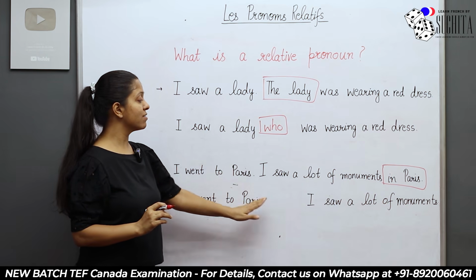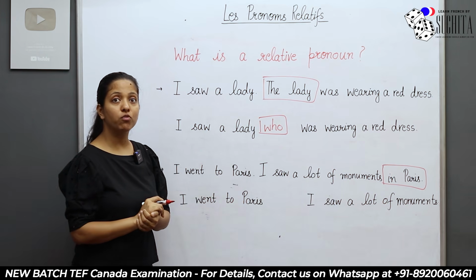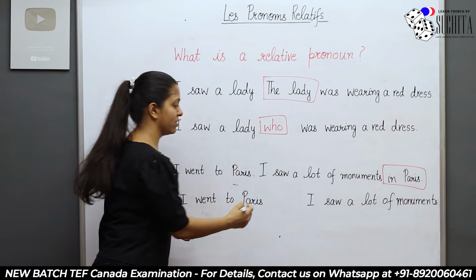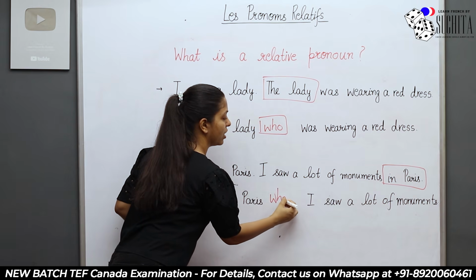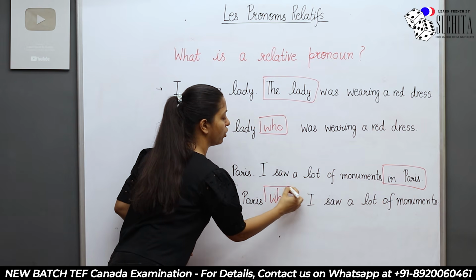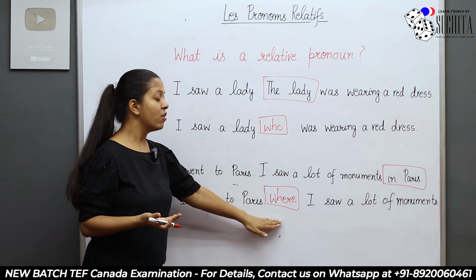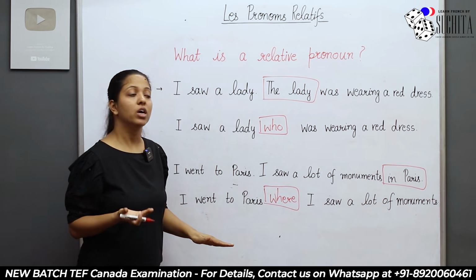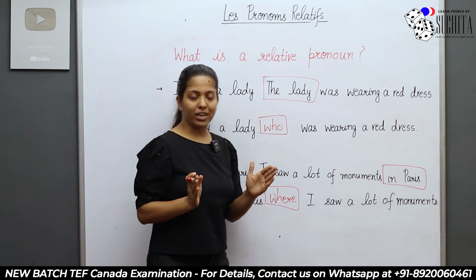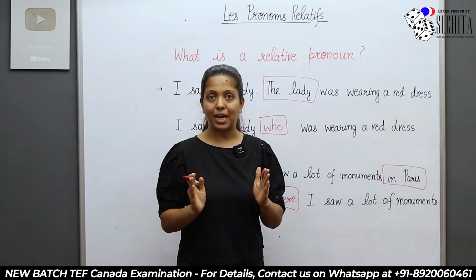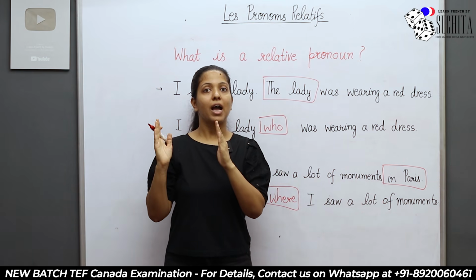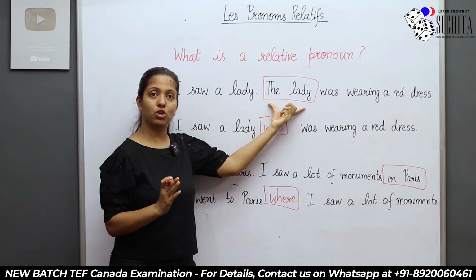I went to Paris dash, I saw a lot of monuments. I went to Paris where I saw a lot of monuments. So you see, who is one relative pronoun? Where is another relative pronoun. The concept of relative pronoun is that we have 2 sentences, and in the second sentence, we have the repetition of something.